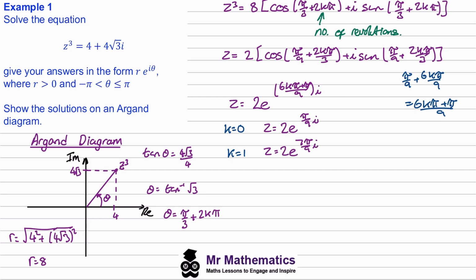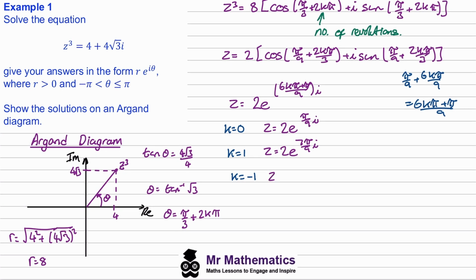But now we have a problem. When we let k equal 2, we get 12 pi plus another 1, so 13 pi over 9, which means we've gone beyond our limits. So what we need to do is let k equal -1. This means we're going to go around this way and then back by theta.